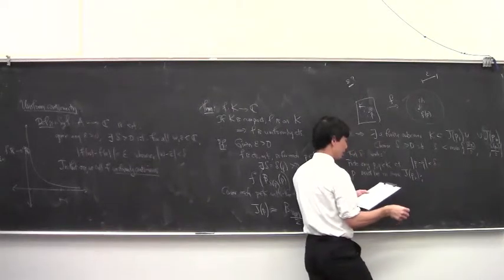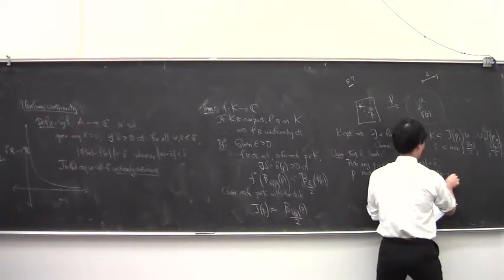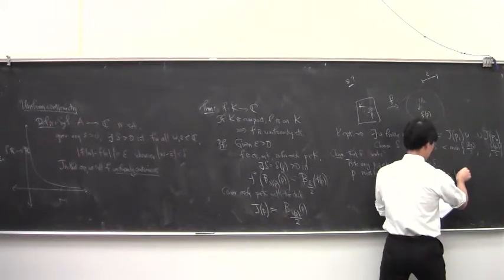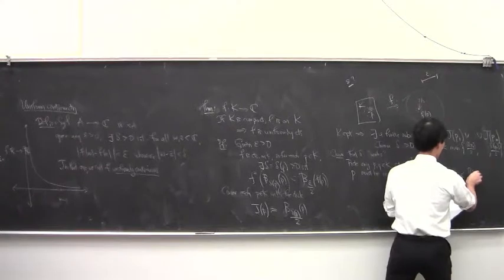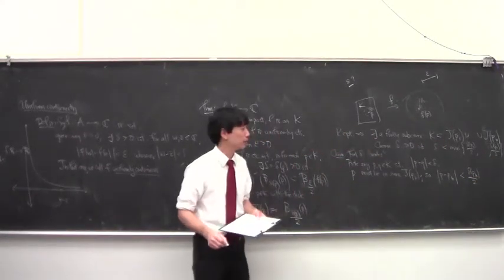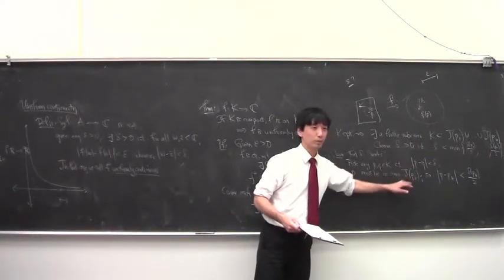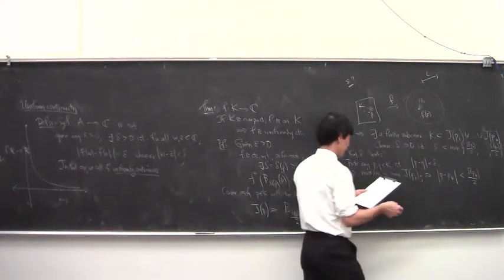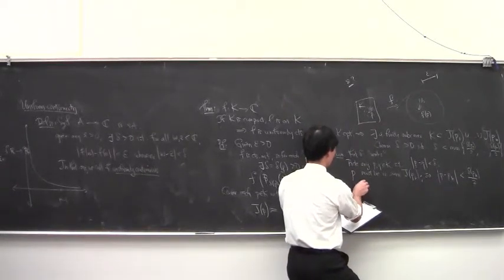What does that tell you? That tells you that the distance from P to PK is less than delta PK over 2. That's what it means.